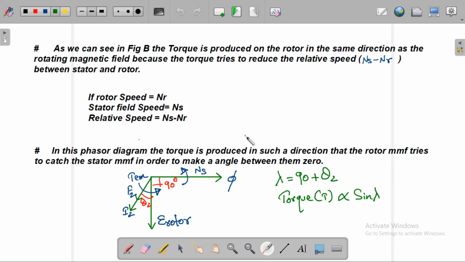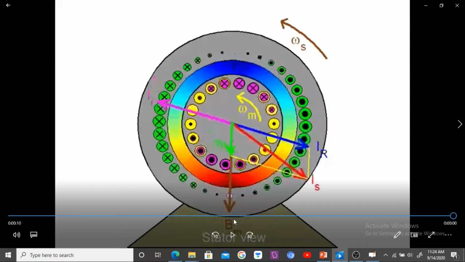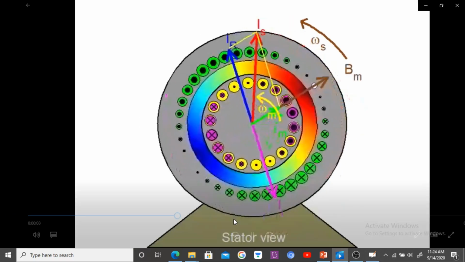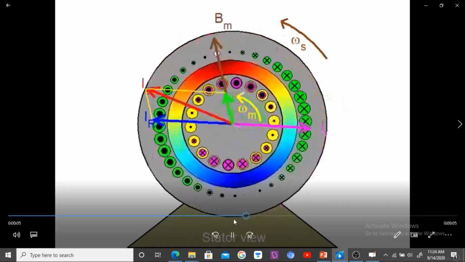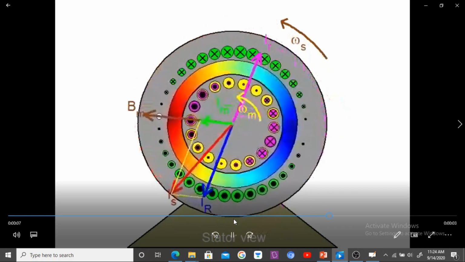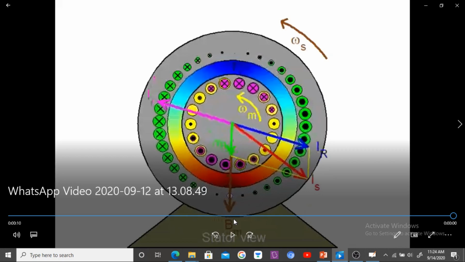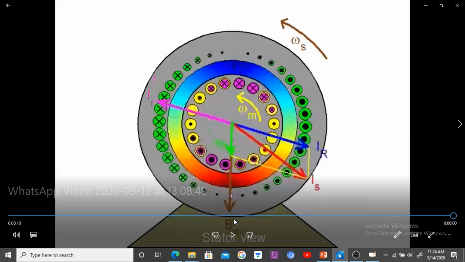Now, due to the air gap between stator and rotor, see this portion, the air gap is here in between the stator and rotor.